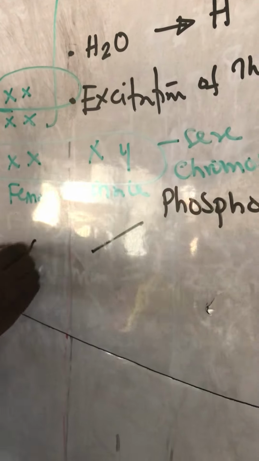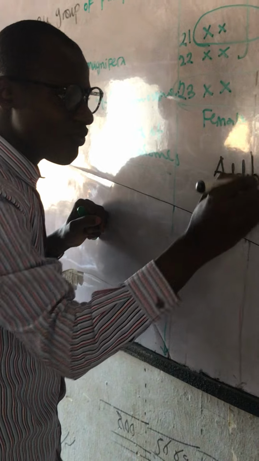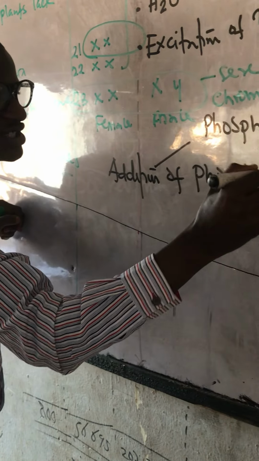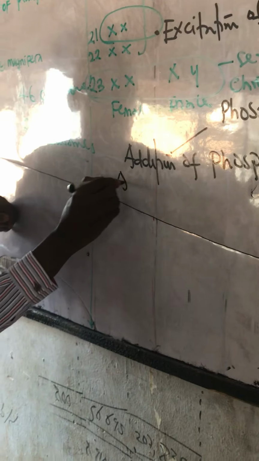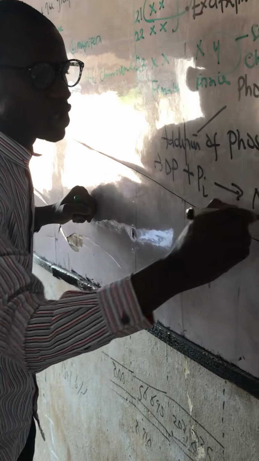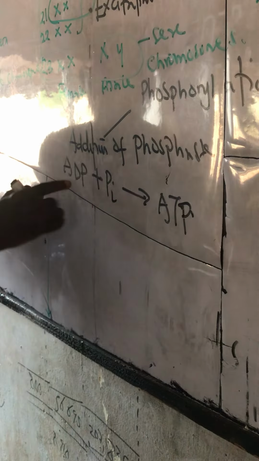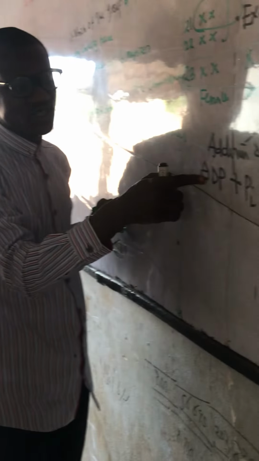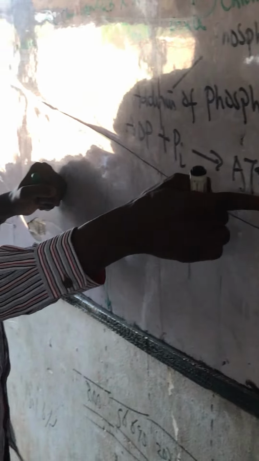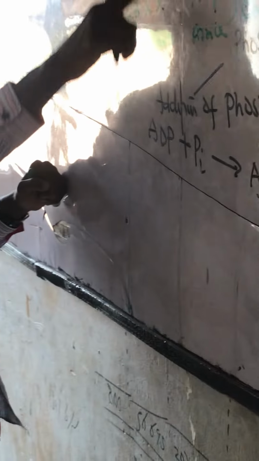Phosphorylation is just the addition of phosphate. This is where we have ADP plus Pi giving us what we know as ATP. What happened here is that adenosine diphosphate plus a single phosphate will now give us adenosine triphosphate. One thing about this is that it is due to the excitation of the chlorophyll. So our answer here is the chlorophyll.